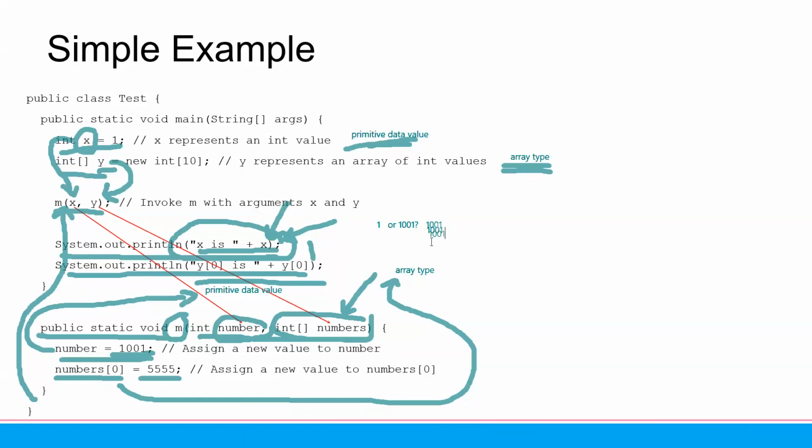I just want to know your opinion and I want to know whether you are in this room or not. Lee Jong-sok. Yes. What is your answer? 1 or 1001? I think 1001. Okay. So 4 students answered 1001. Okay, thank you.